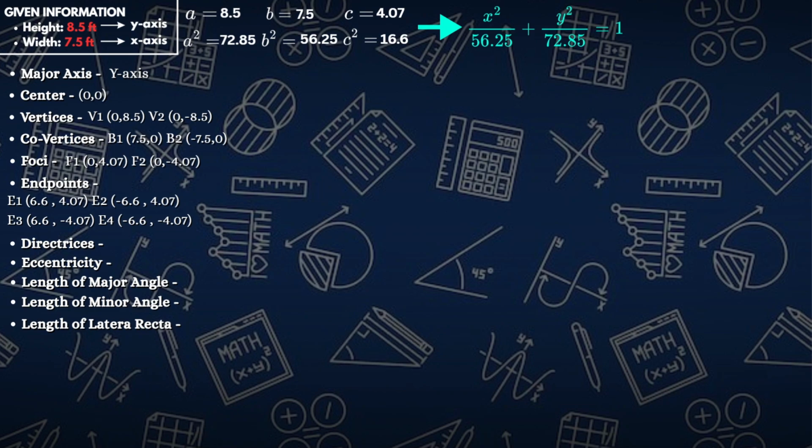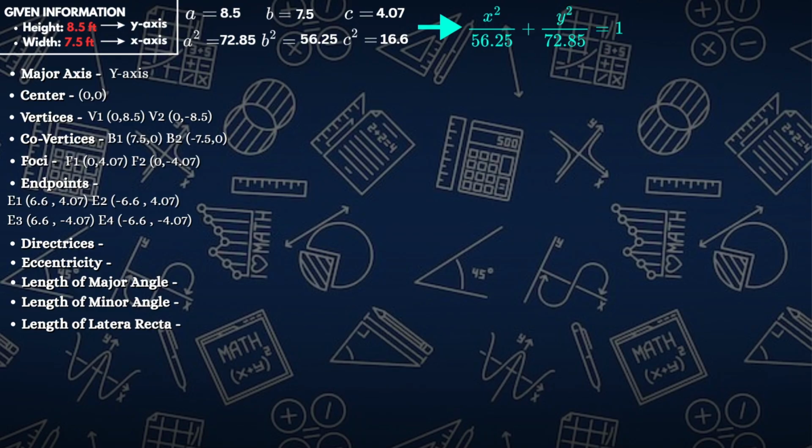In writing this one, since our major axis is at the y-axis, we have to put the directrices value in an equation for the y-axis, because the directrix is the fixed line in the major axis.